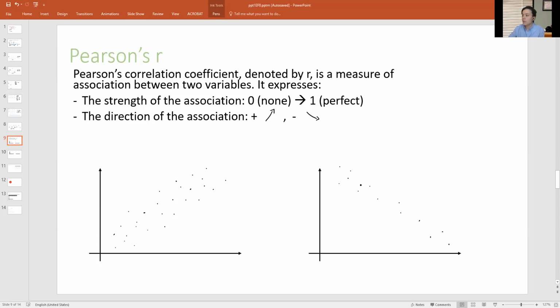You have a very strong negative linear association and a more or less strong, but still pretty weak, positive linear association.